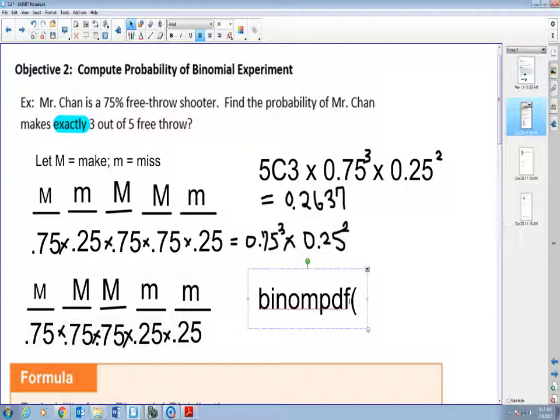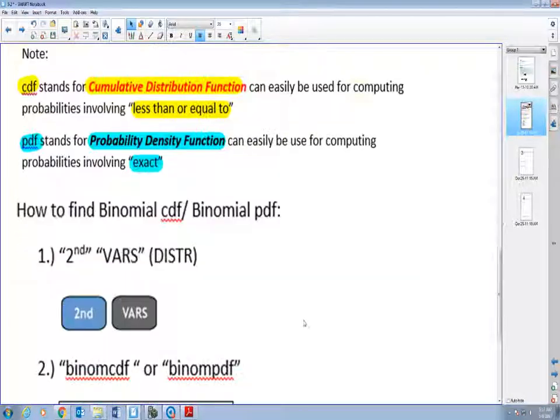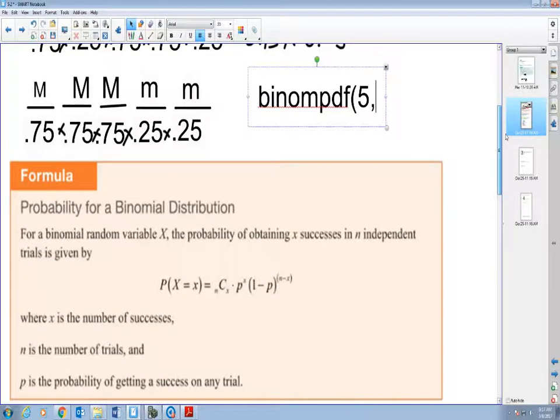What I type inside the parentheses is N, the number of trials, which is 5 free throws, comma, P, the probability of success.